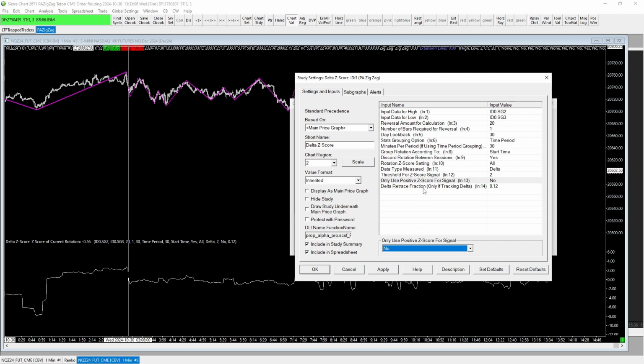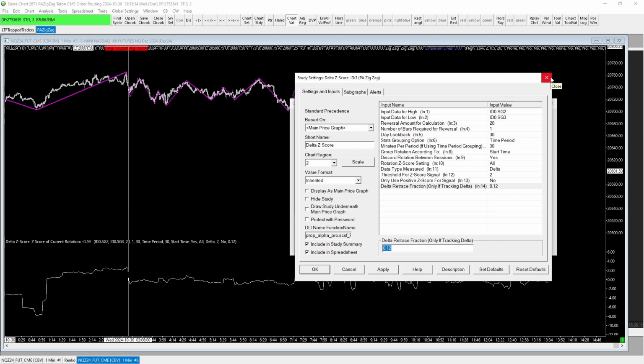The other thing that I wanted to cover is delta retrace. This is saying what percentage the delta would have to move. So let's say on the previous leg you had positive delta, and then on this leg it's going to look for when the delta becomes negative, in a reversal that's at least 12% of the value of the previous leg, in the opposite direction.